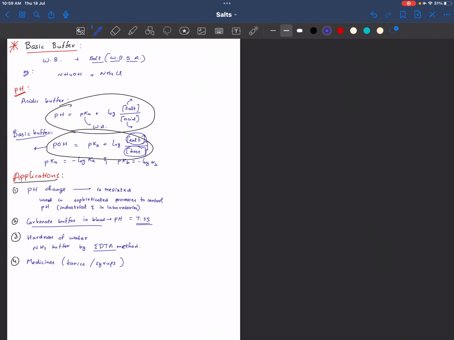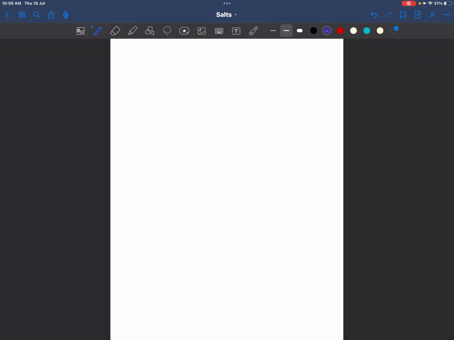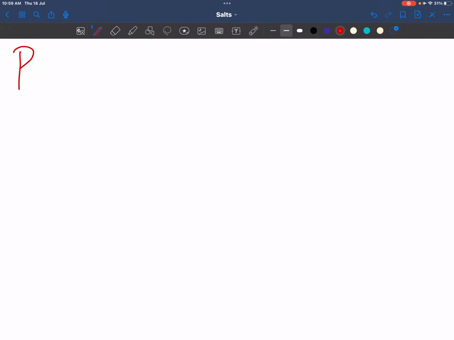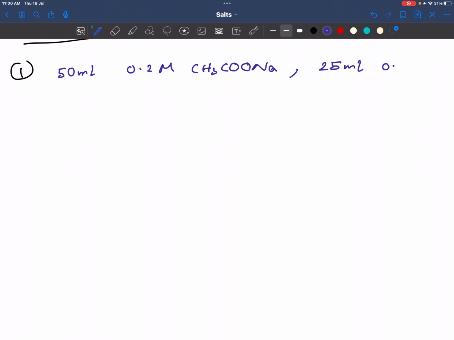Now coming to the problems. First problem: 50 ml of 0.2 molar CH3COONa and 25 ml of 0.2 molar CH3COOH were mixed together to form the buffer solution. pKa of CH3COOH is 4.8.